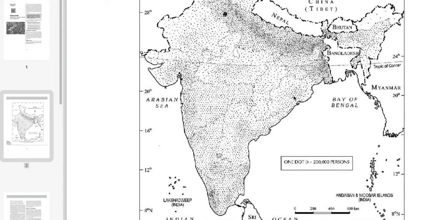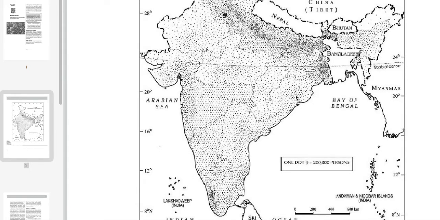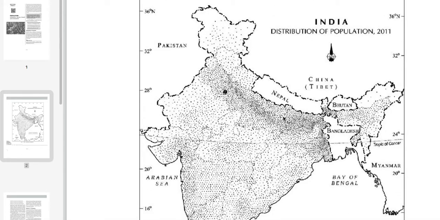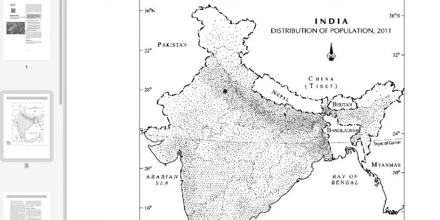In the coastal regions the population is very high, because in these regions there is proper availability of water, and the climate is also good for population, not harsh.